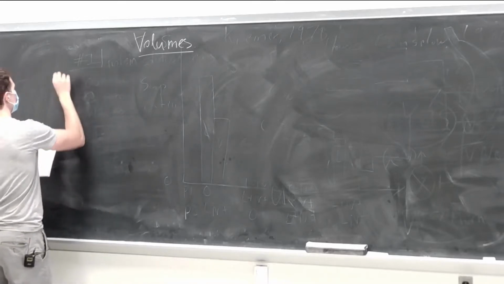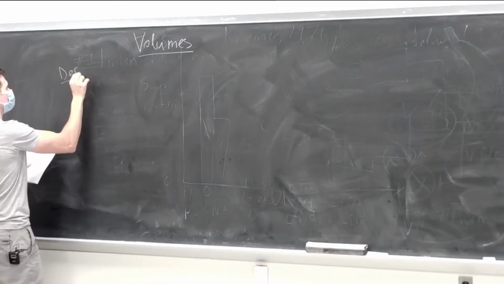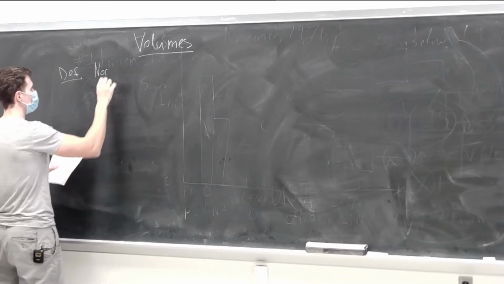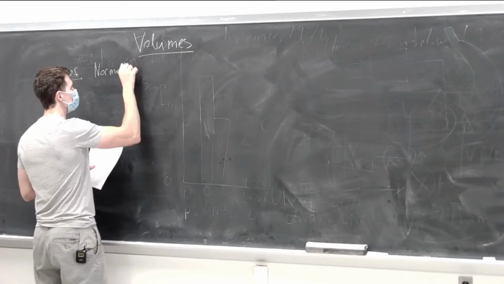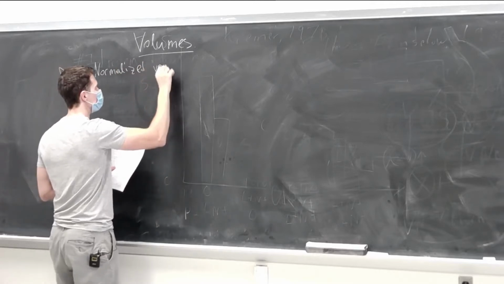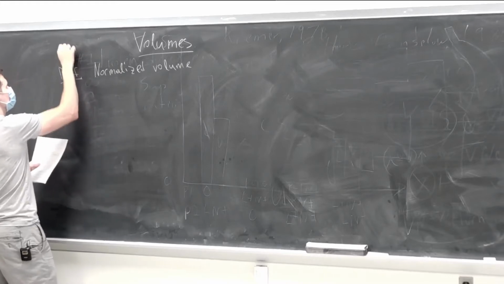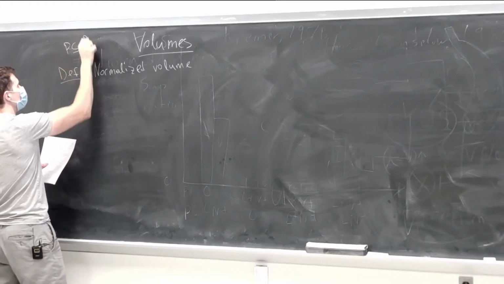But anyway, let me first give a definition. I'm going to consider normalized volumes. Normalized volume of a polytope. So let's say P is a polytope in R to the d.